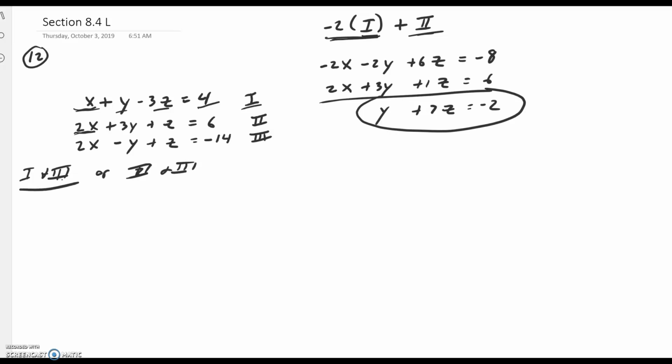So my plan for 1 and 3 will be to take the first equation and multiply it through by -2 again, and then add the third equation. That seems to make sense to me. Now I've already multiplied the first equation by -2 up here, so I can just rewrite the results. And now I need to write down and add to it the third equation.